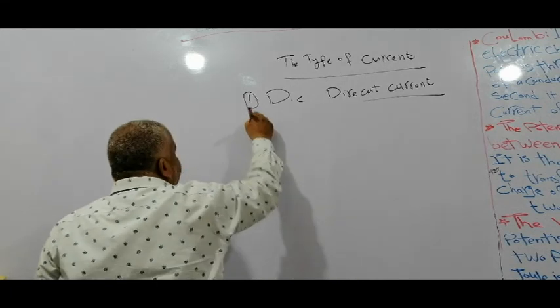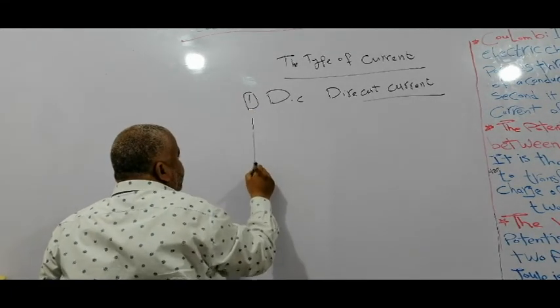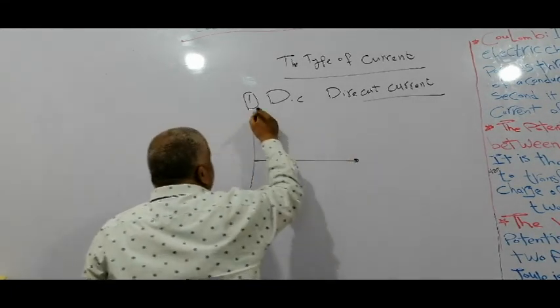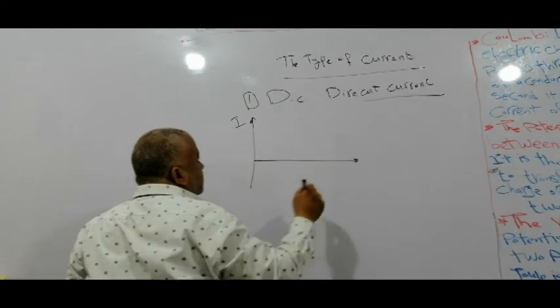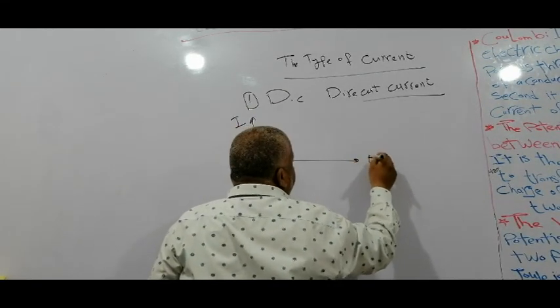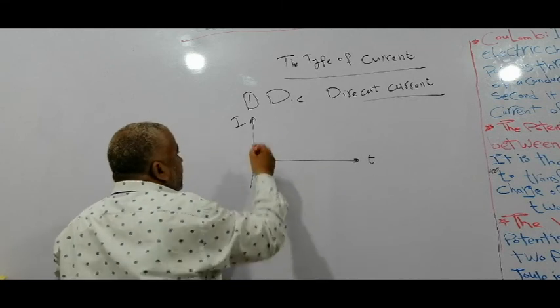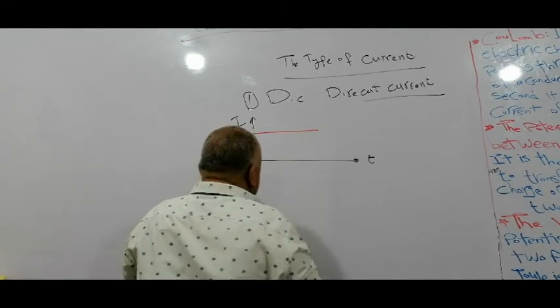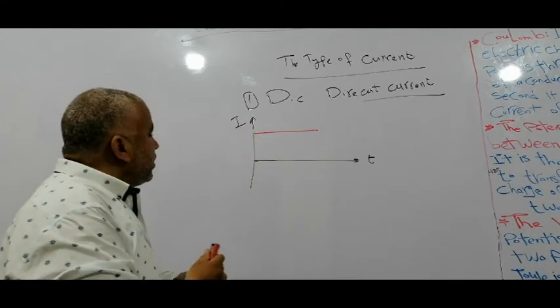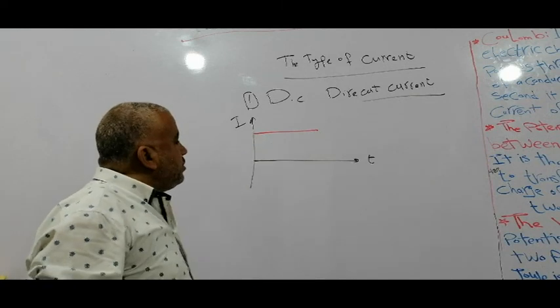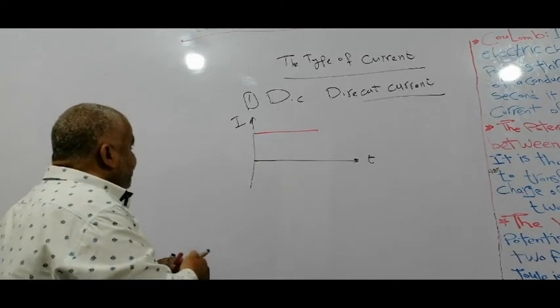When we draw a relation between intensity of the current and time, this type of current is constant in direction and magnitude.